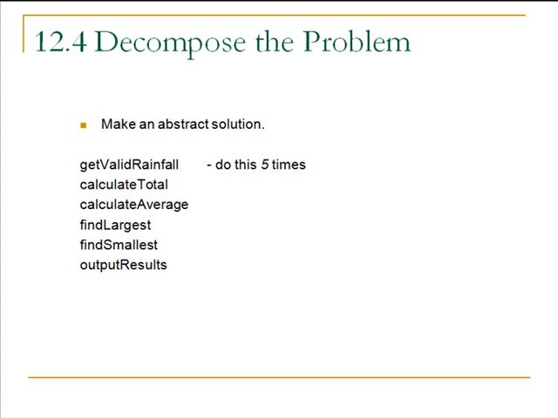And you'll see why I've done this as I solve it. But I'm going to call that one 5 times. Each time I call it, it will give me back one valid rainfall amount. And then I have a function called calculate the total, another one calculate the average, find the largest, find the smallest, and then output the results.